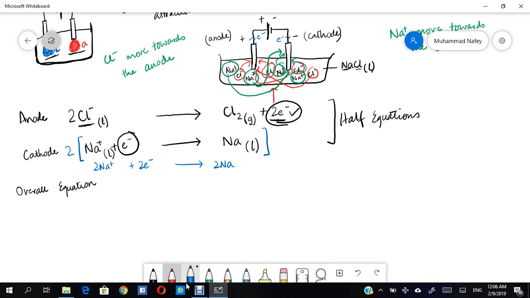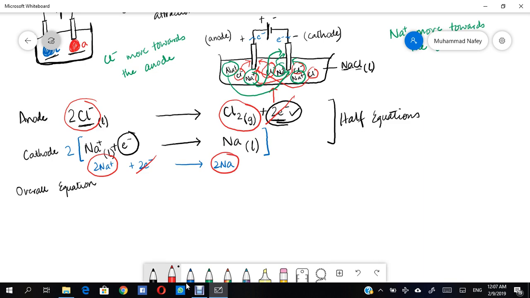Now we can cancel out the electrons from the anodic and cathodic equations. Why? Because this cancellation indicates that any electrons produced at the anode have been completely used up by the species reaching the cathode. And therefore, the overall equation becomes 2Cl-, 2Na+ give us Cl2 and 2Na.